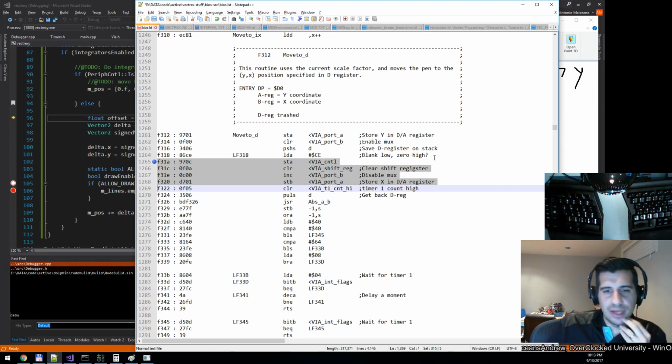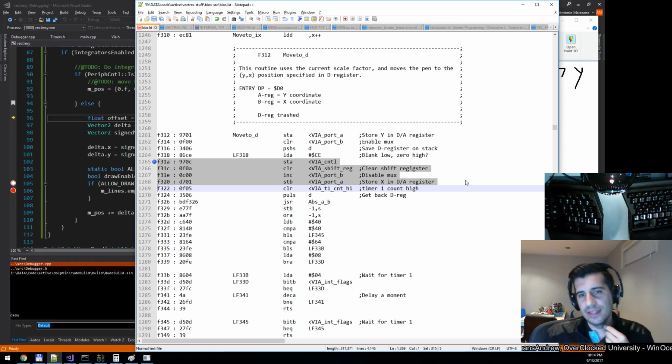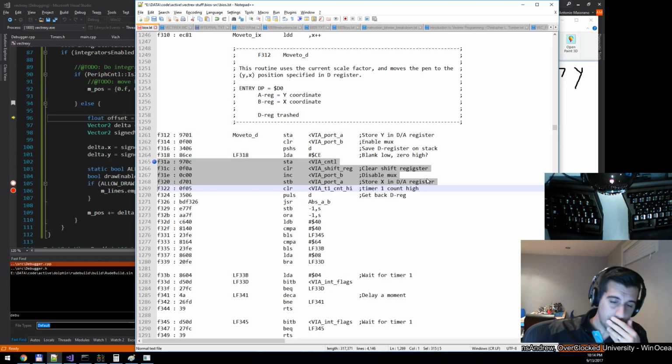It can't be that many cycles. I think all I saw was like it takes maybe 2 cycles. This is definitely a lot more than 2 cycles.